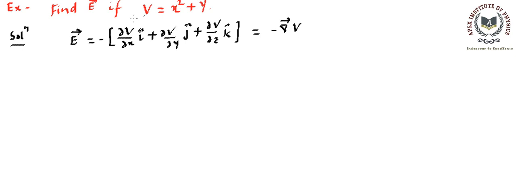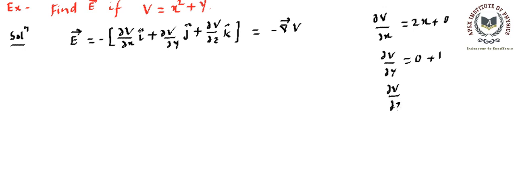We know how to take partial derivatives. Let's find del V upon del x. When we differentiate this with respect to x, the first term will become 2x, the second term will become 0. When we differentiate with respect to y, the first term will become 0, the second term will become 1. When we differentiate with respect to z, which is absent in this expression, it will become 0.